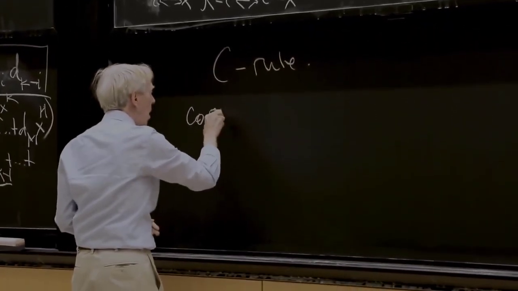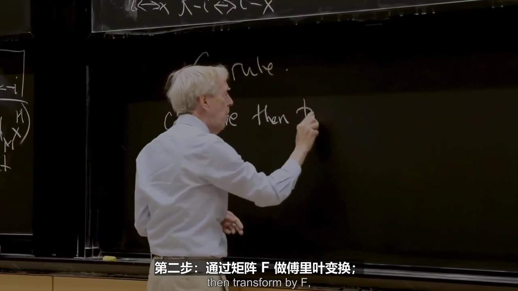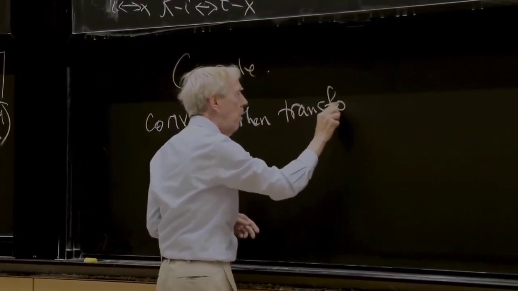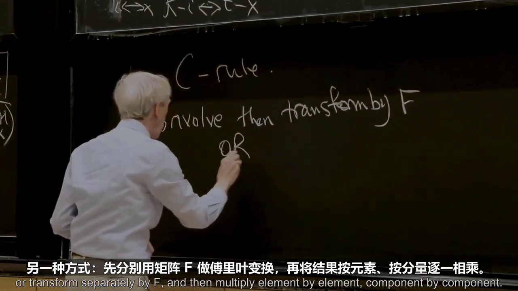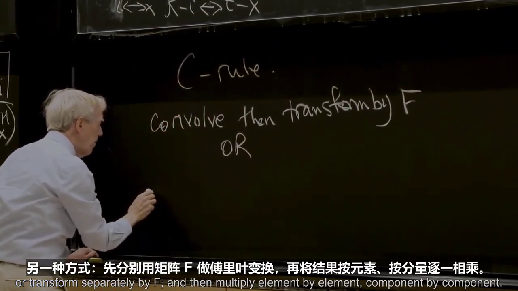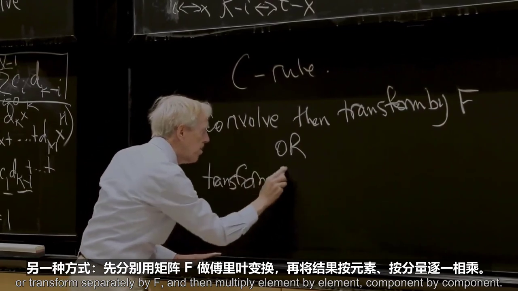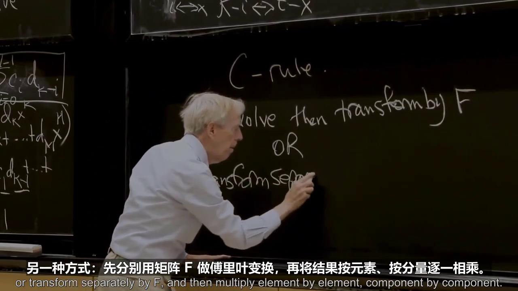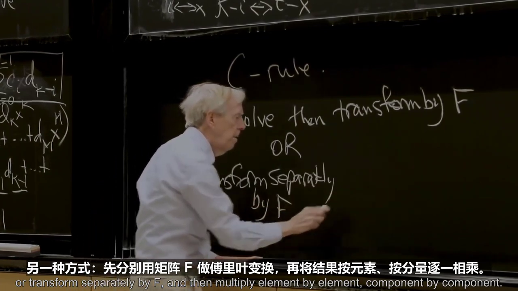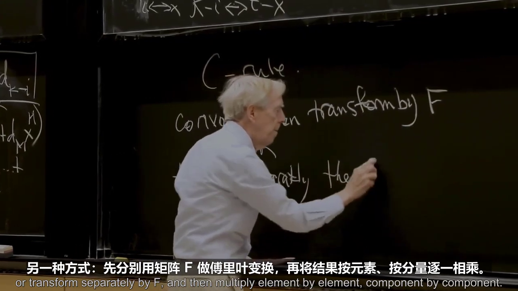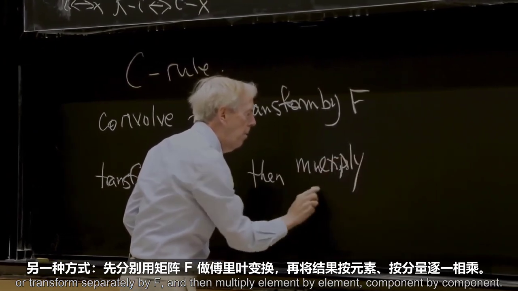Convolve, then transform by F, or transform separately by F, and then multiply pointwise.